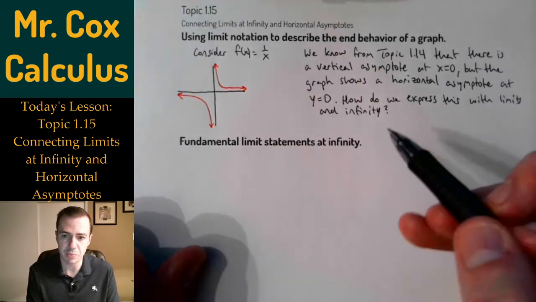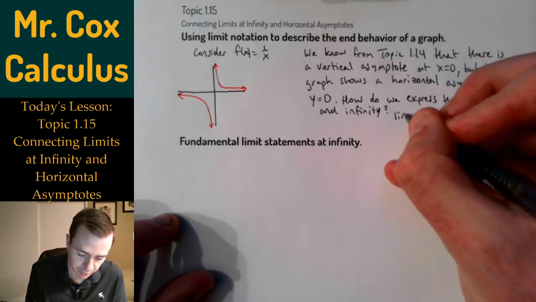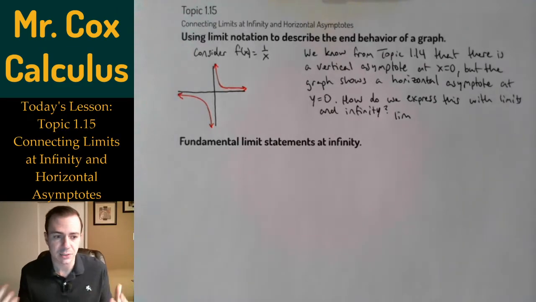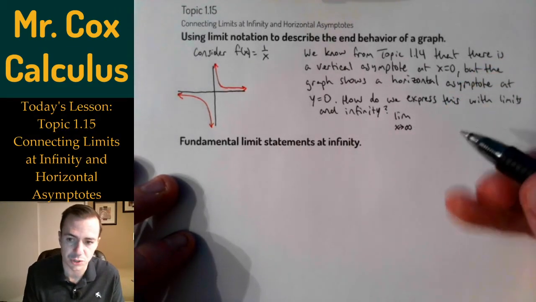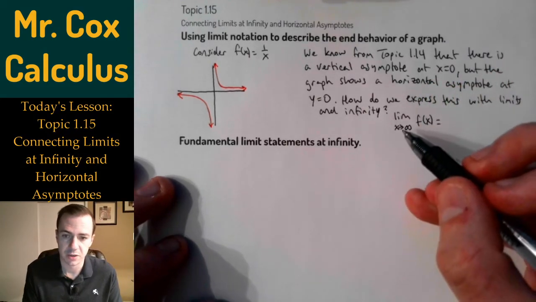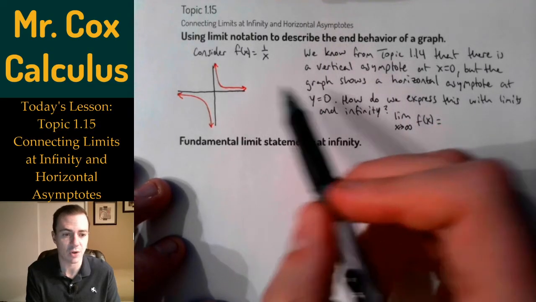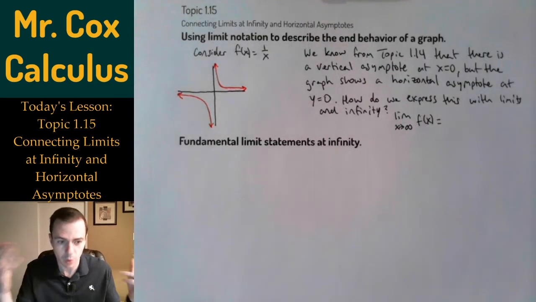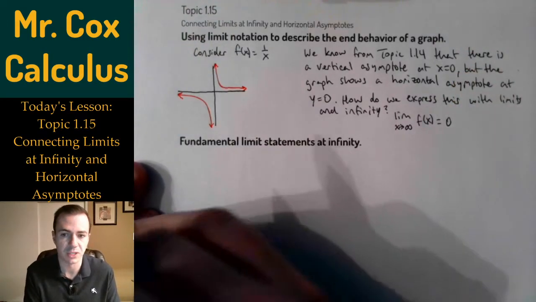So if I want to use my limit notation to express this, I could say the limit as x approaches infinity of my function f of x. So as x is growing infinitely large, and again this idea of end behavior, all the way towards if there were an end of the graph, what it would be doing, the function would be approaching 0.